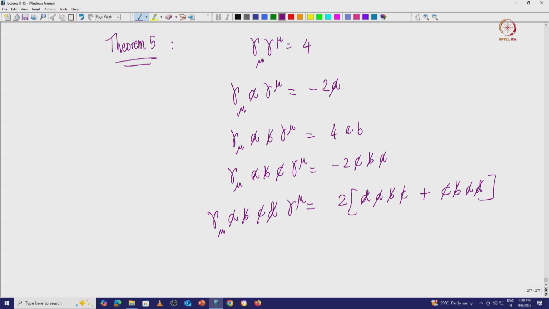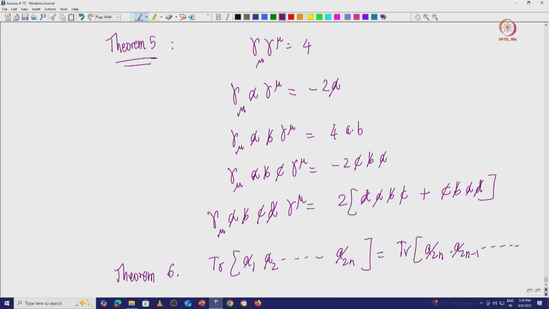Okay, and last theorem I will mention, trace a slash a2 slash, if you have an even number of p1 slash p2 slash and everything, this is equivalent to a2n slash a2n minus 1 slash a1 slash.